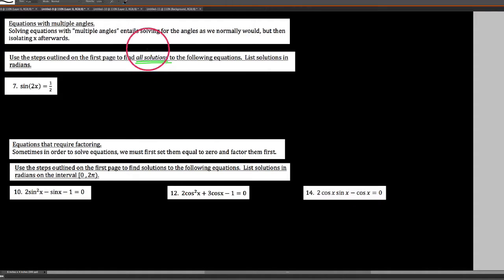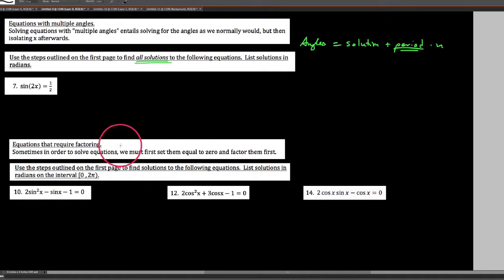And so we're going to write our solutions this way. We would say solution, or I guess our angle, at least I would write for our solutions here. So our angle equals solution plus period times n or k. In other words, we're just going to add on the period of the function because we know that's how much angle input we would have to go through before it starts to repeat itself again.